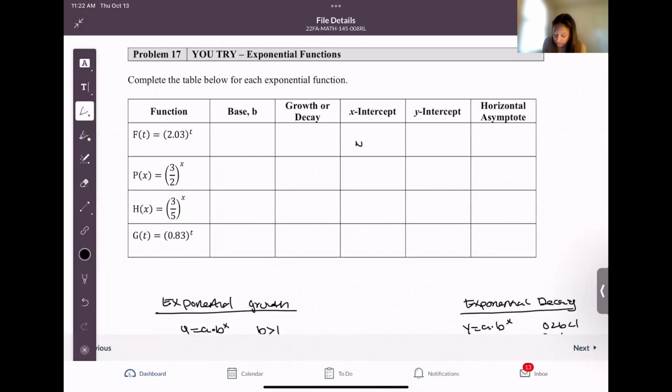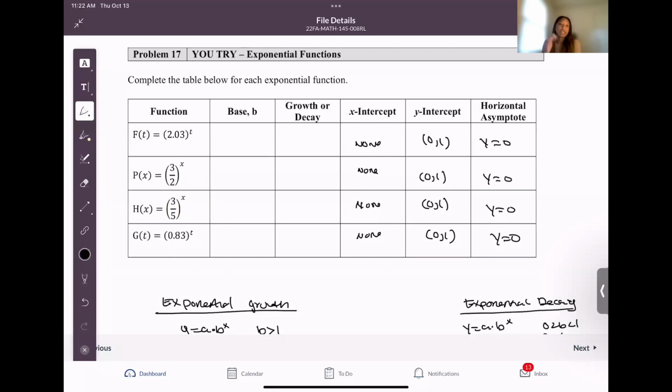The x-intercepts are none for all of these. The y-intercepts are (0, 1) for all of these, because a is equal to 1. If a is equal to something else, then (0, a) will be your y-intercept. And the horizontal asymptote is the line y equals 0. This is the x-axis.